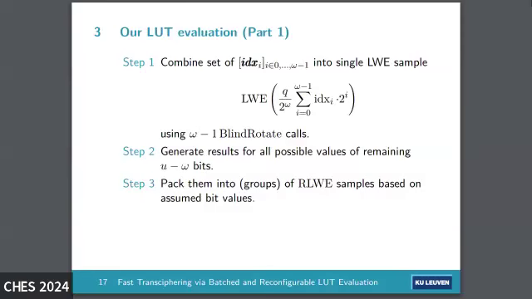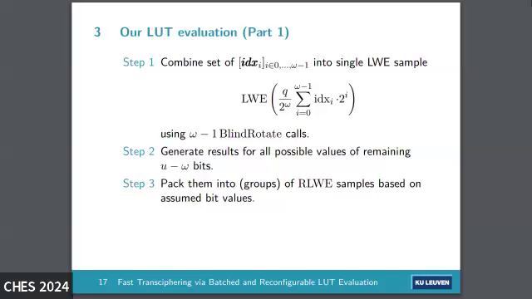Okay? So based on this, we can actually already sketch the first part of the lookup table evaluation. The first step is, from all the indices we have, we're going to select a set of size omega and combine them into a single integer instead of individual bits. This can be done with, again, blind rotate, but I won't explain too much how. It's fairly simple. If you're interested, you can approach me later. And this will incorporate information about the first omega bits, but we still have u minus omega bits left.